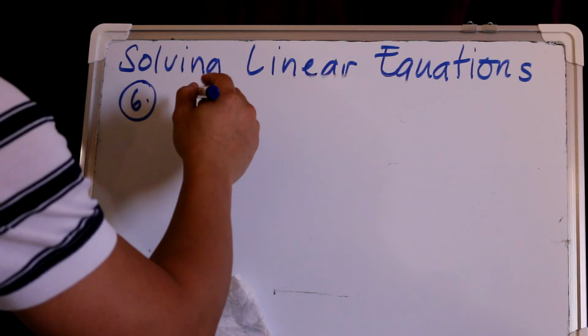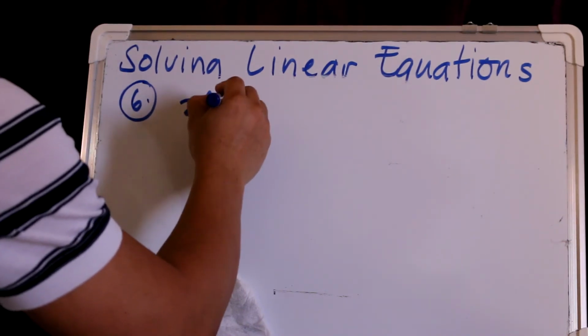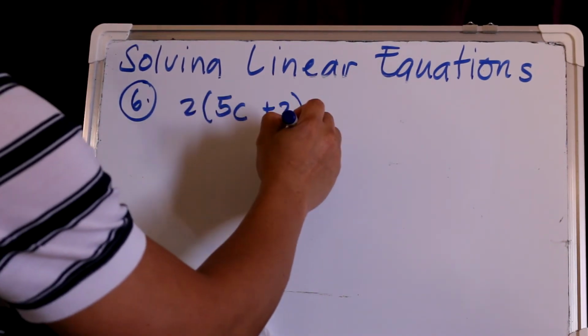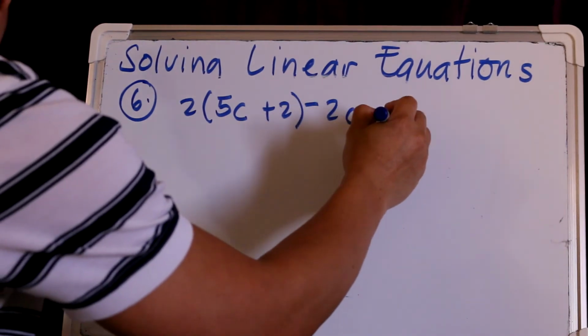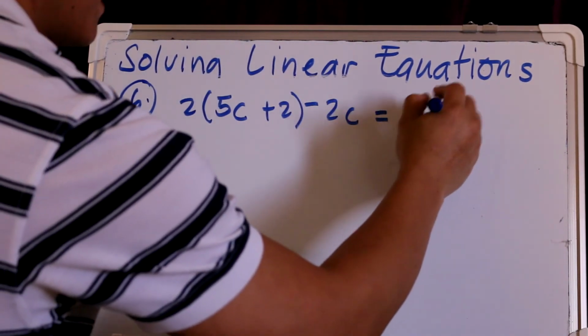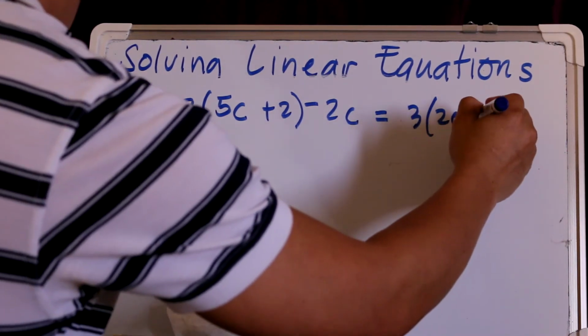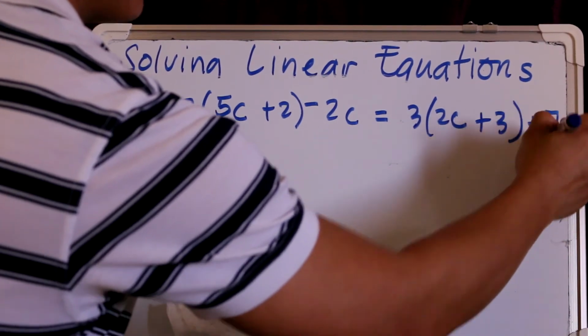So what if you are given 2 times 5c plus 2 minus 2c equals 3 2c plus 3 plus 7.